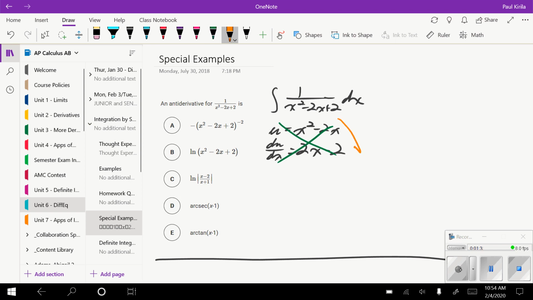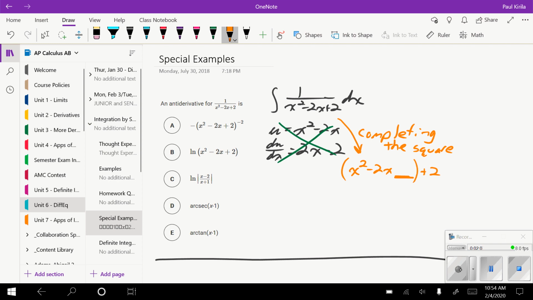If we complete the square with this, completing the square says I want to make this into a perfect square. So I want to take the x squared minus 2x, and I want to know what would go here, and I'll have the plus 2 here, but what goes here to make this part a perfect square?